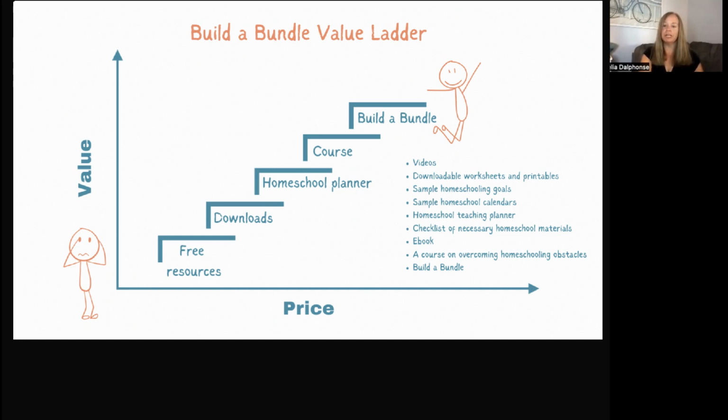We might include a checklist of necessary homeschool materials, which would of course include the materials included in Build a Bundle. And we might write an ebook, or we could include a course on overcoming some of the homeschooling obstacles that they might be facing. So all of these things could work together to really market the Build a Bundle.